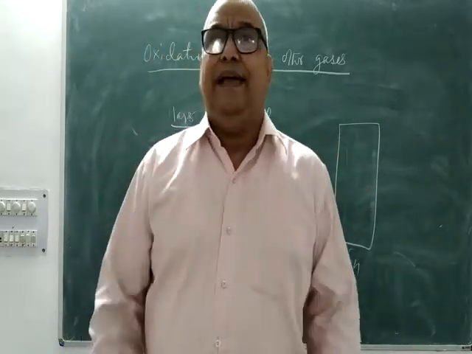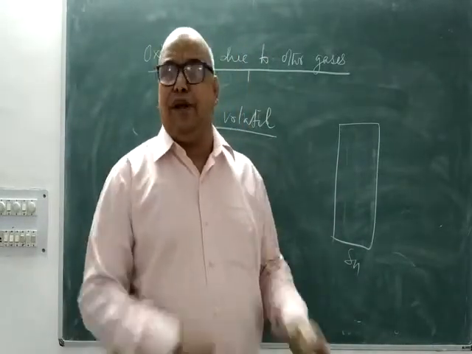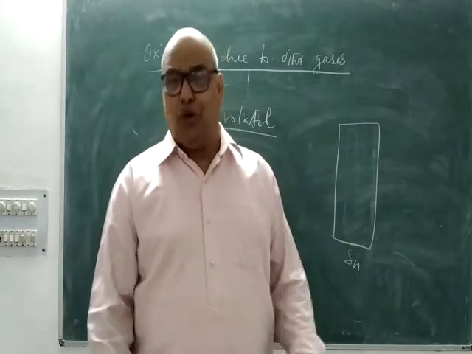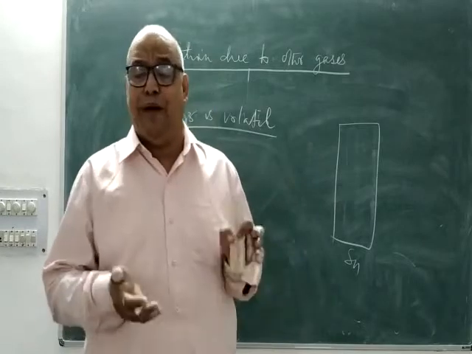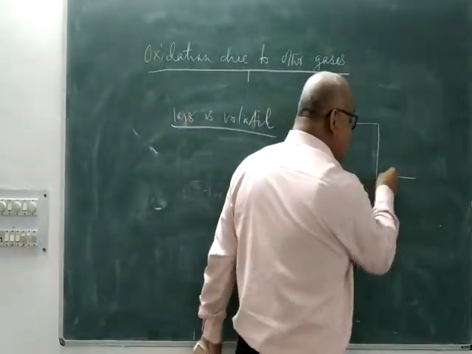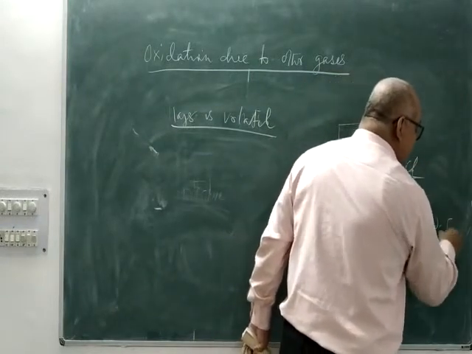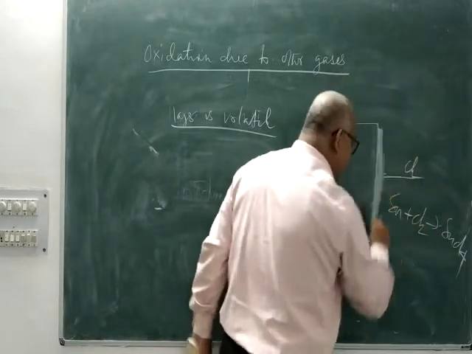We know that if tin is allowed for chlorination in a controlled condition, it will produce SnCl2. But if the condition is not controlled, it will be further oxidized to SnCl4. That is why I have used the term uncontrolled. So in this situation, what will happen? Sn plus Cl2 ultimately will produce SnCl4. This is your SnCl4.